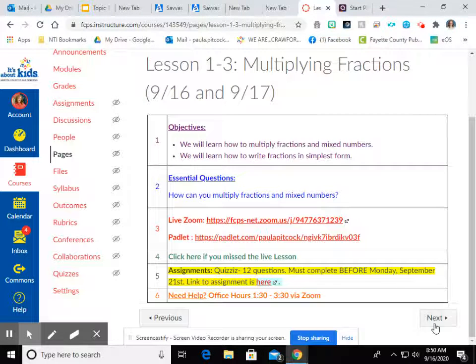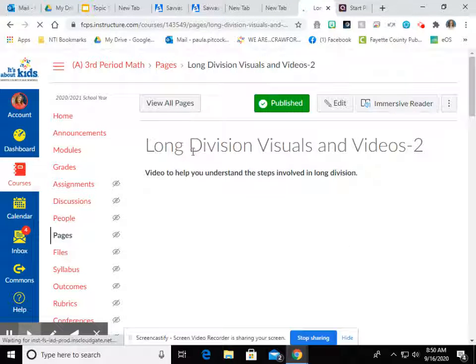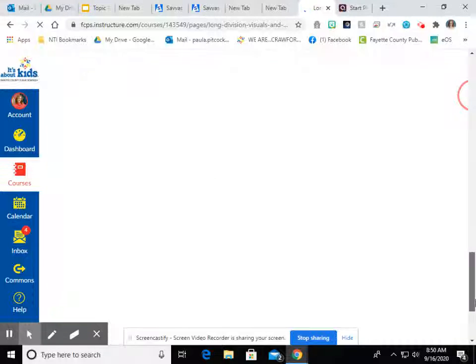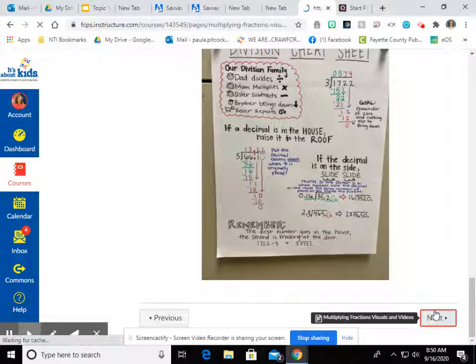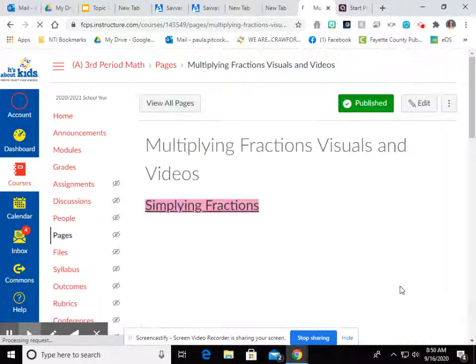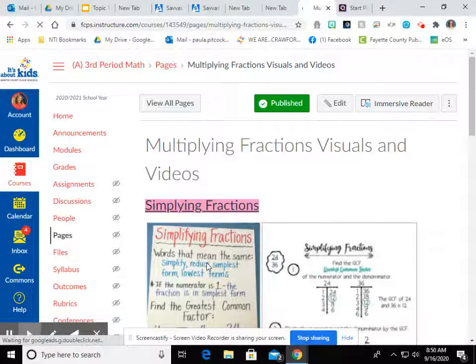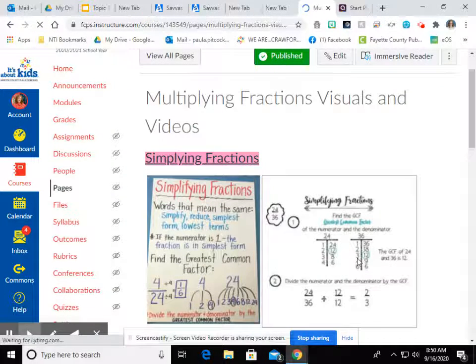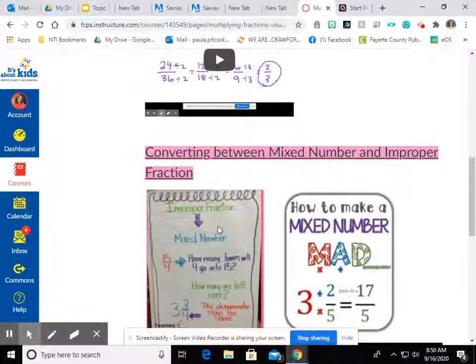Now, another thing in Canvas are your resources. So I'm going to hit next. I have resources on long division, decimal division. I'm not really interested in those today. I want you to go to the multiplying fractions visuals and videos. I have posters and a video to show you how to simplify fractions if you're struggling.